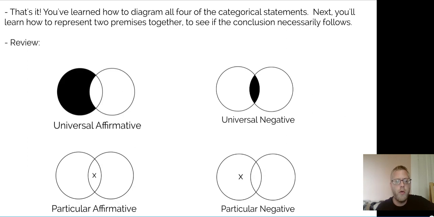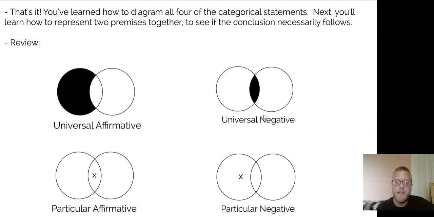So just to review, here's each of your types of statement. This is what you should learn, and it's easiest to learn if you understand why the symbols work the way that they do. That black means there's nothing in that part of the circle right there, and the X means there's at least one, which is what we mean by some in this context. So look this over, go back, maybe practice.